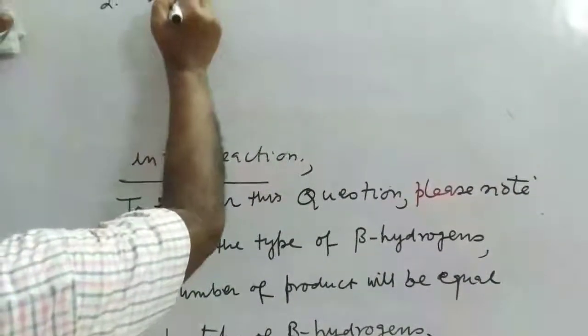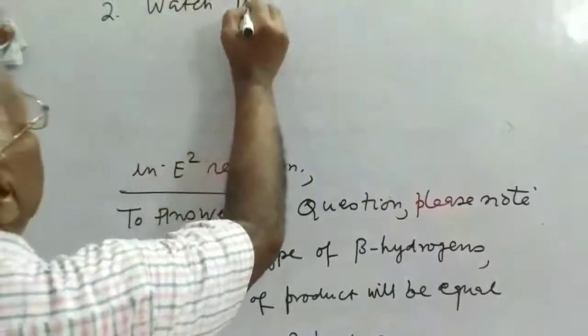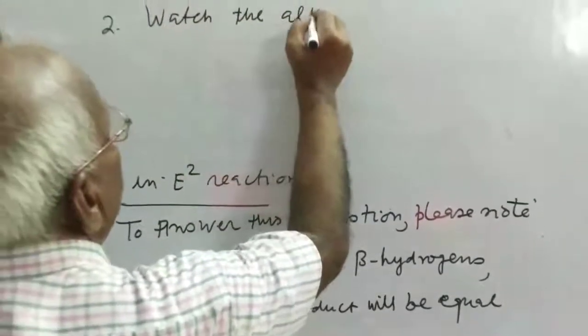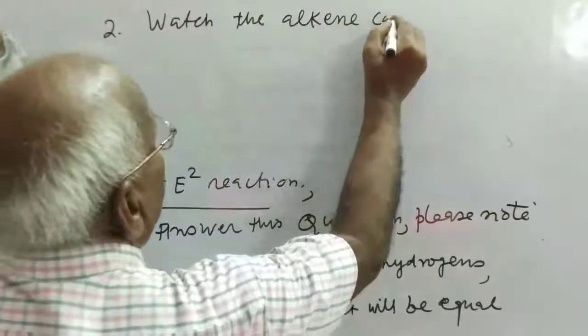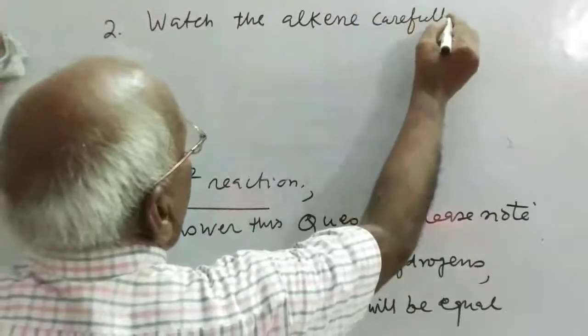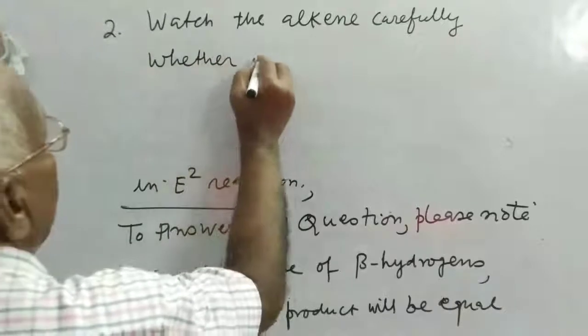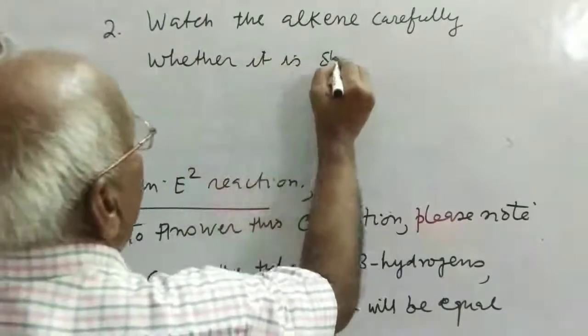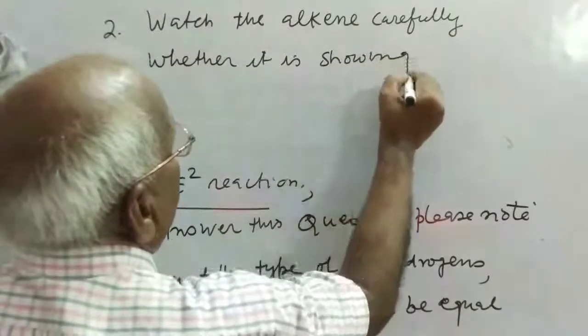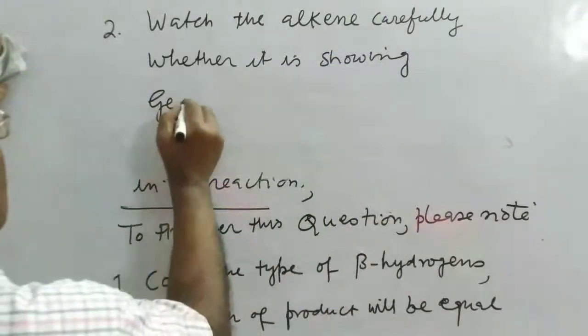watch the alkene carefully, whether it is showing geometrical isomerism or not.